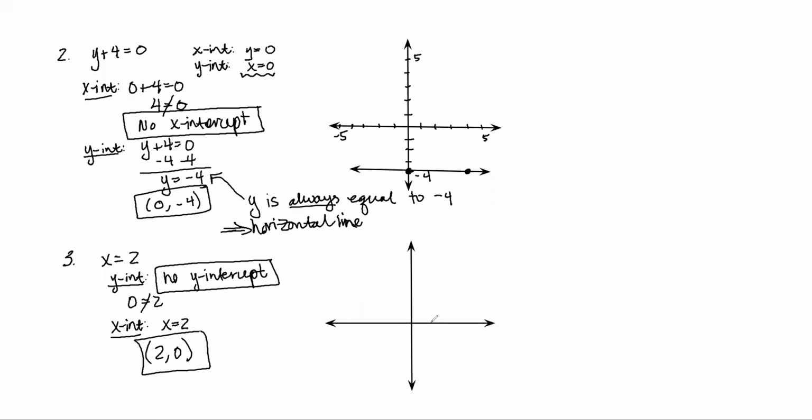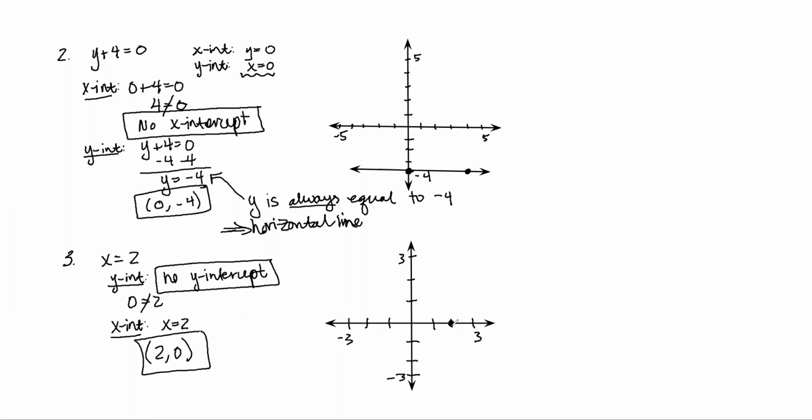Our x-intercept's only 2, so I'm only going to go out a couple in each direction. For our y-intercept, we don't have one. The x-intercept is 2, so let's go to 2, 0, so right 2 and up and down 0.